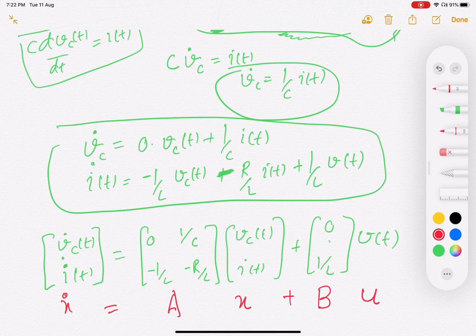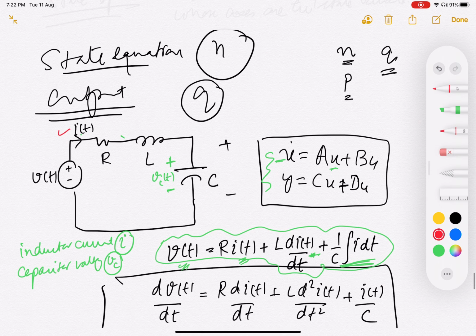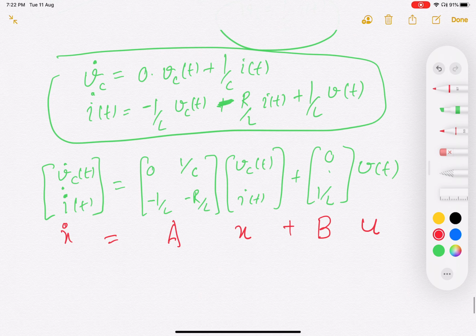You can have an output equation for this. Suppose any one of the system variables here is the output variable. Suppose the resistor voltage is the output variable, VR(t). Now we have to express the output in terms of the state variables. The state variables are current and voltage. So it is 0 times Vc plus R times i(t).